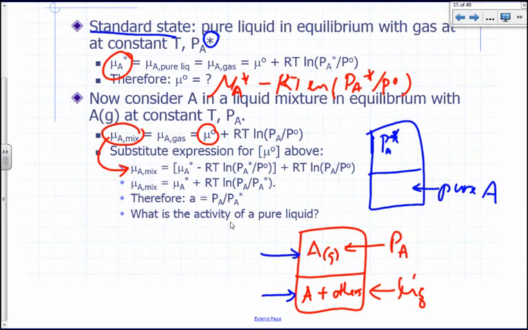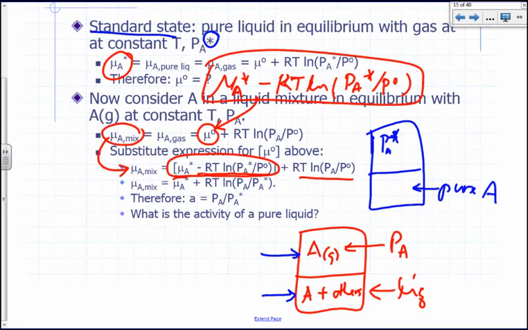We're going to substitute mu naught there, plus RT ln PA over P naught. So here's what we did. We have mu naught is mu A star minus RT ln PA star over P naught. So that's our mu naught, plus RT ln PA over P naught.